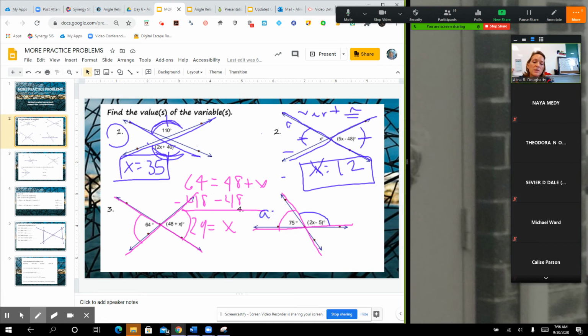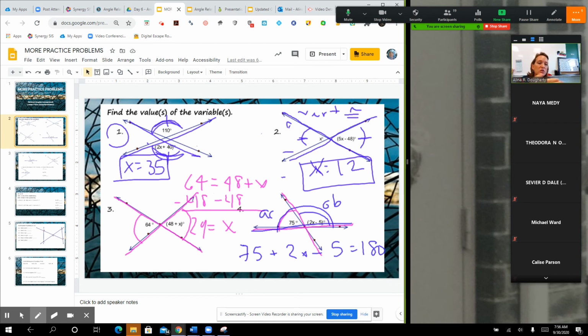This is acute, it's smaller than 90 degrees. And this is obtuse, it's bigger than 90 degrees. And together they make a perfectly straight line, right? So what are those two things going to add up to? 180. So our equation here is 75 plus 2x minus 5 equals 180.